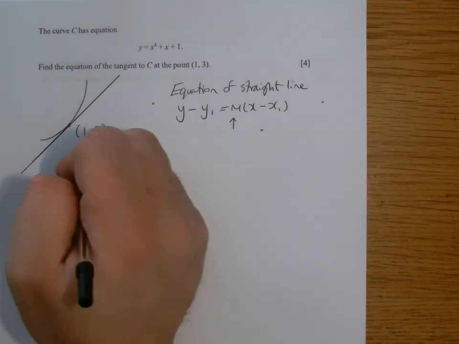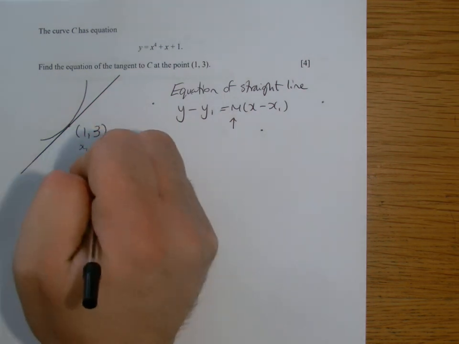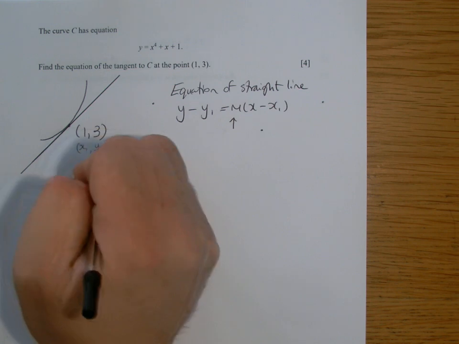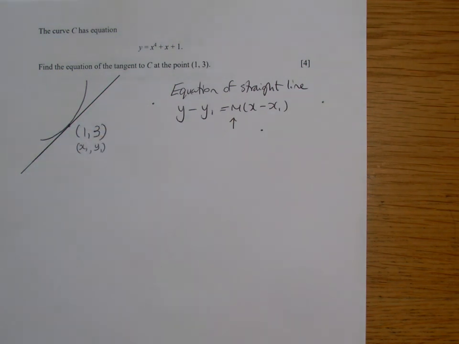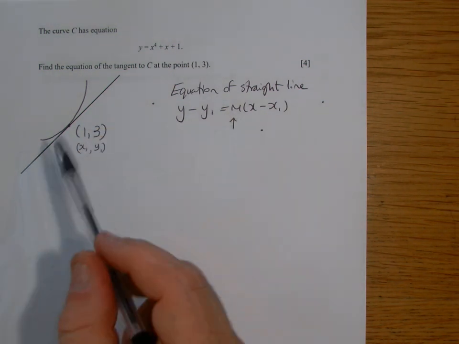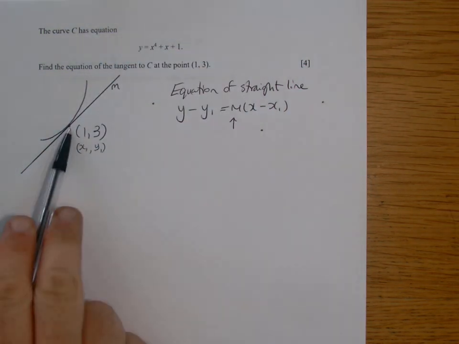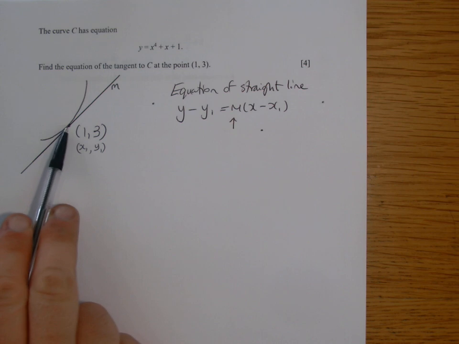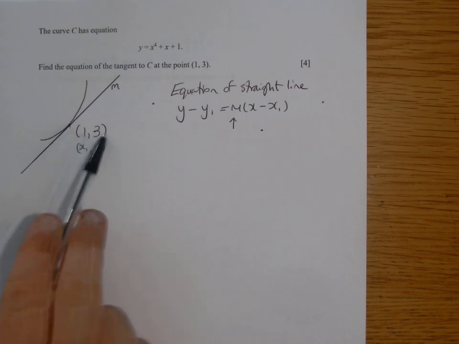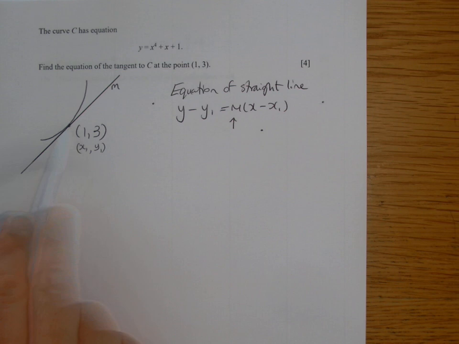In this case, we've got that coordinate the line goes through. We just need to work out the gradient. The gradient of this line will be the same as the gradient of the curve where it touches at the point (1, 3). It'll have the same slope.